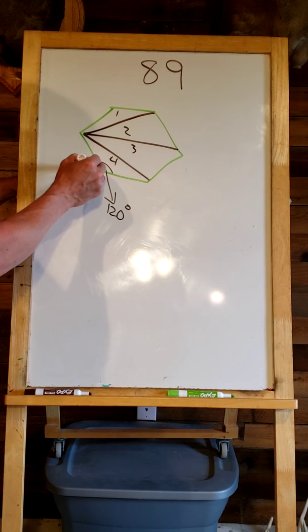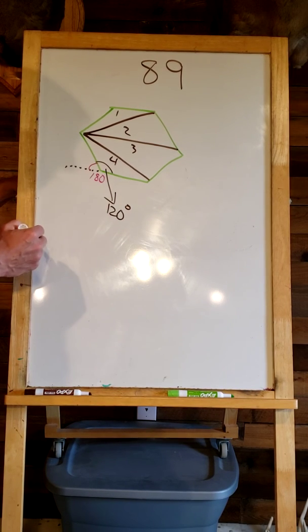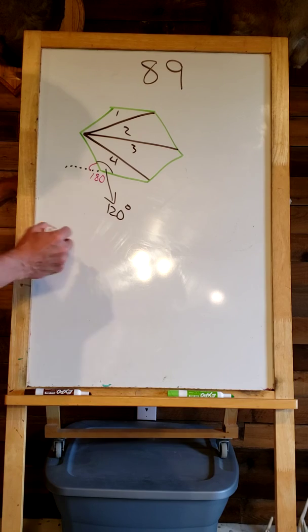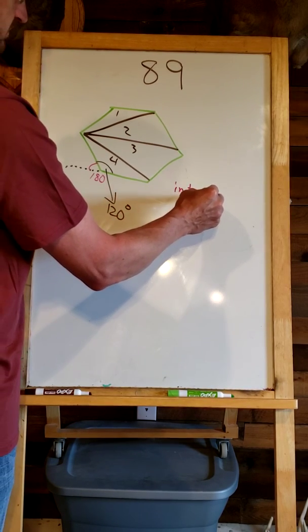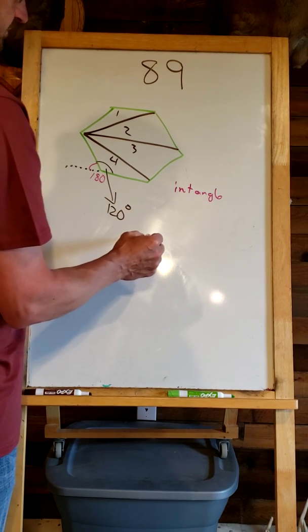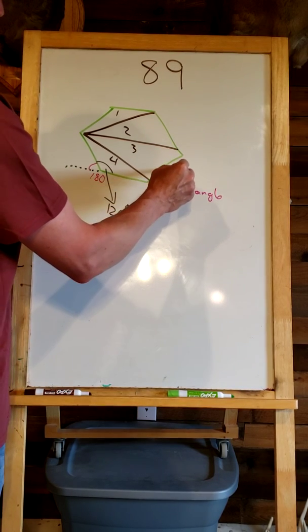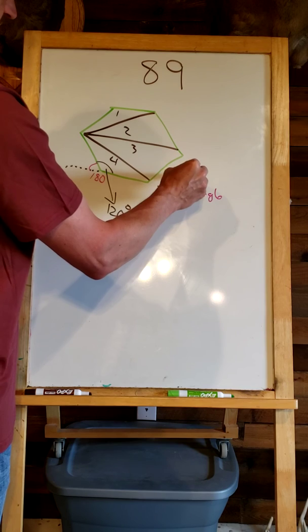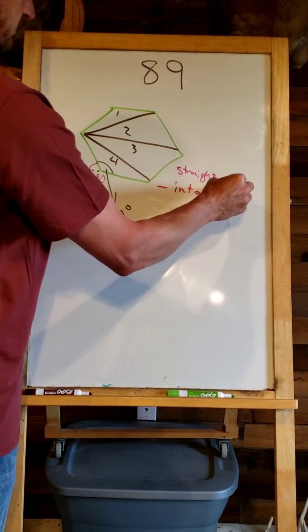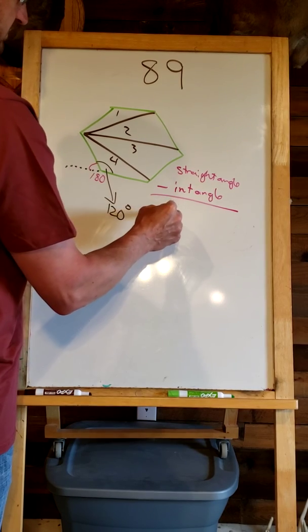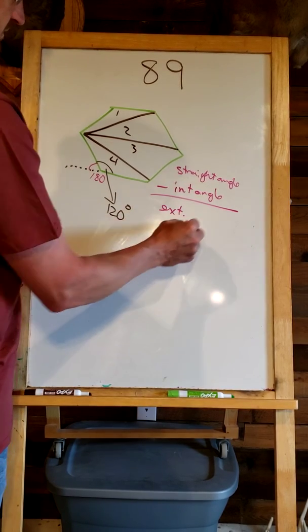So if we want to find this exterior angle, we're going to take the interior angle subtracted from a straight angle. Then our answer is our exterior angle.